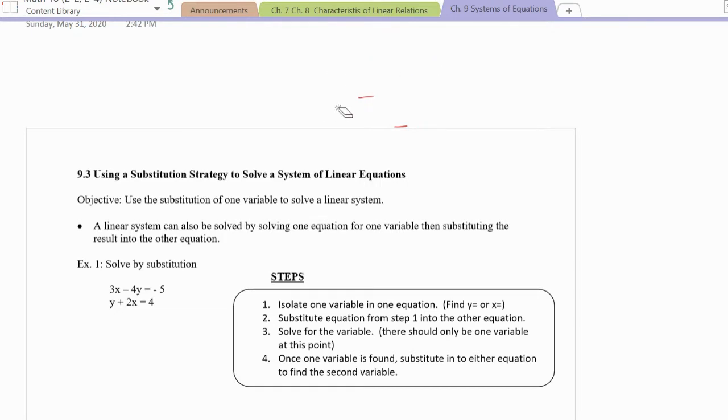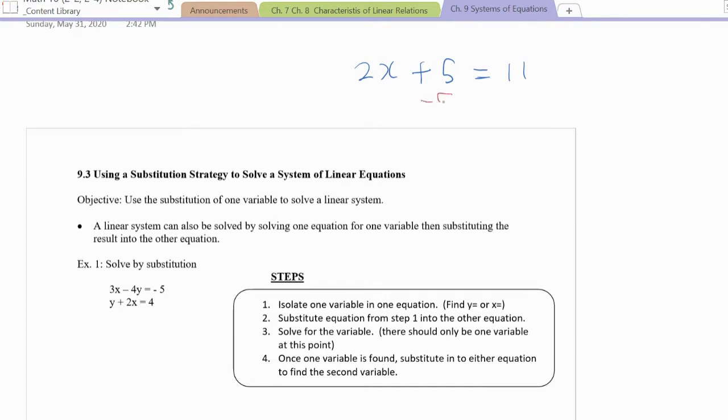What about two-step equations? For example, when you have 2x plus 5 equals 11, to solve the equation, you isolate the term with x first.